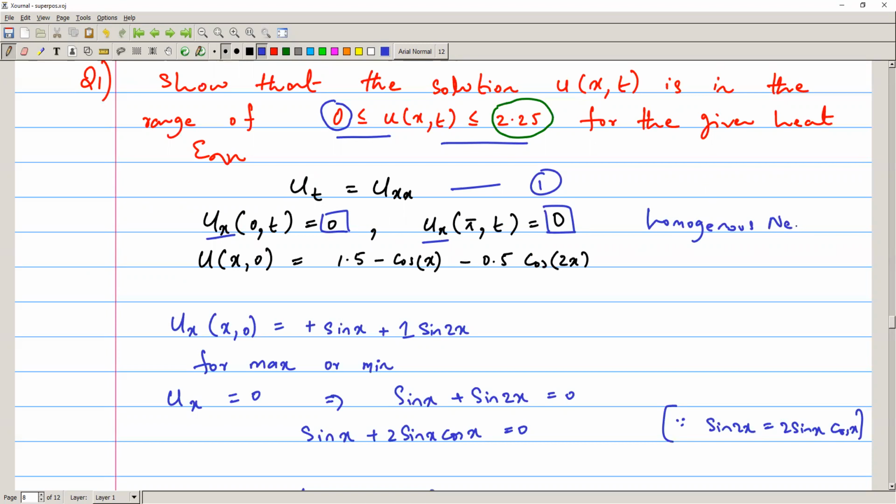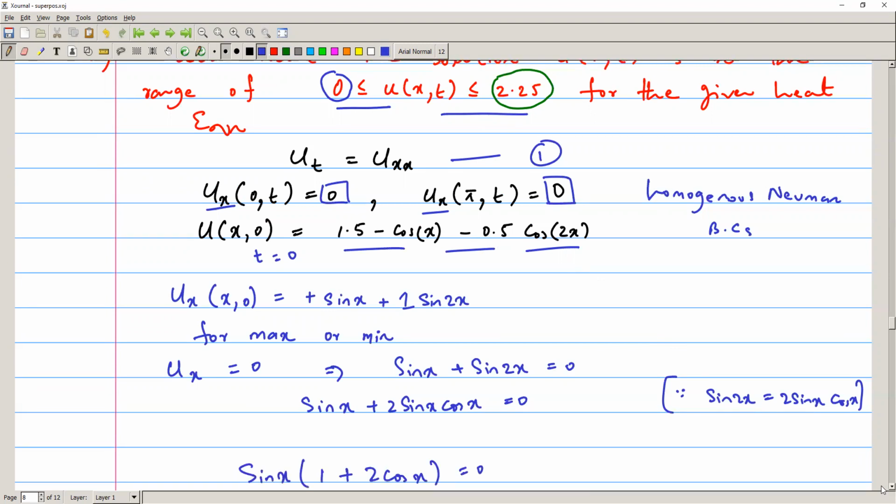And then the initial condition is given, that is at time t equals 0, the behavior of heat in the material is given by the function 1.5 minus cosine x minus 0.5 cosine 2x, right?